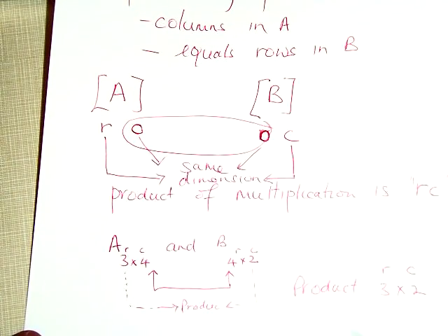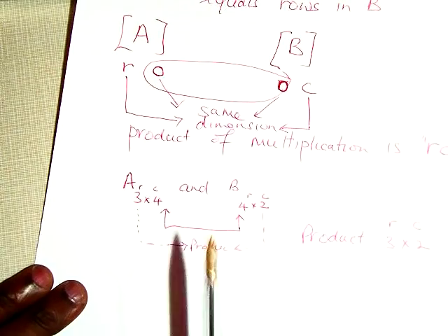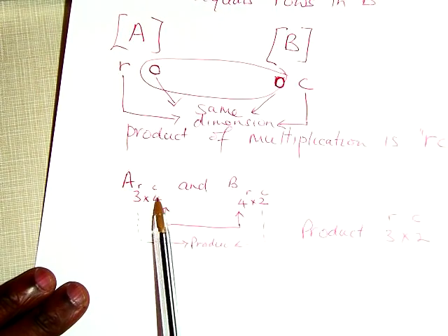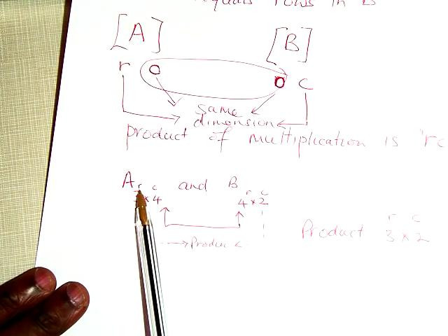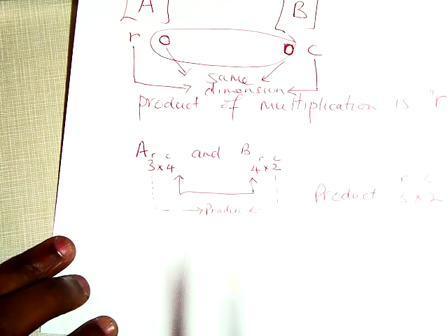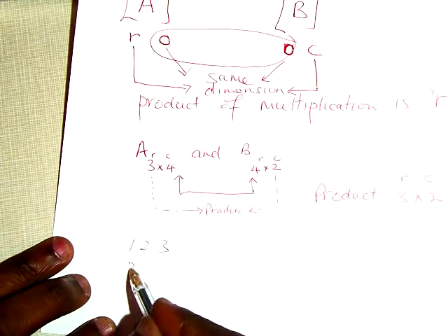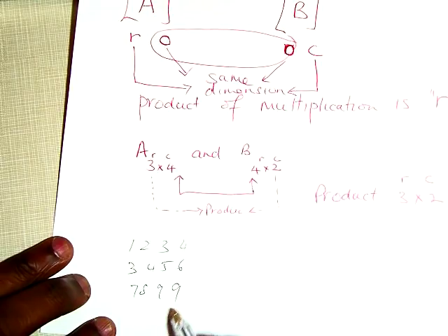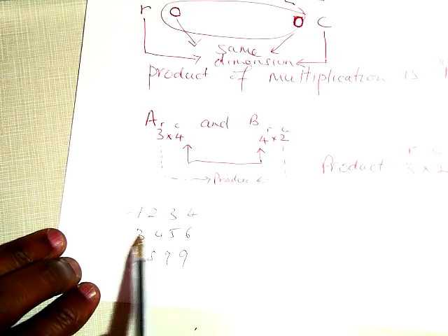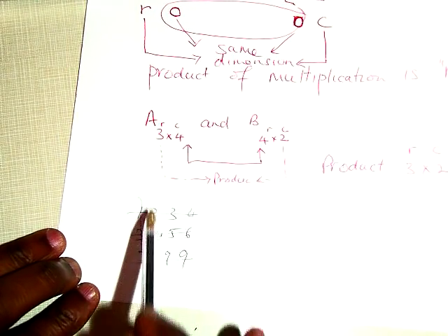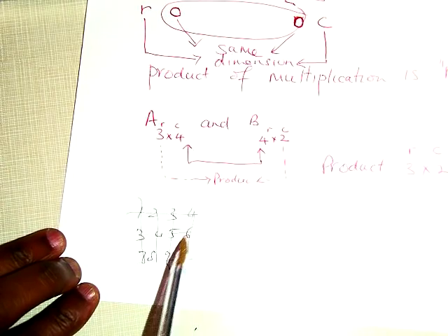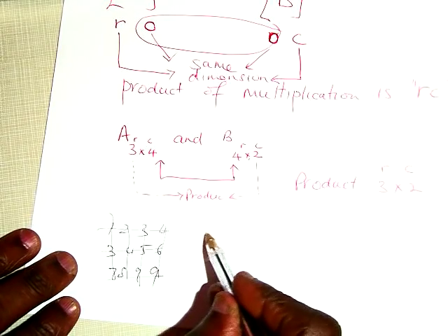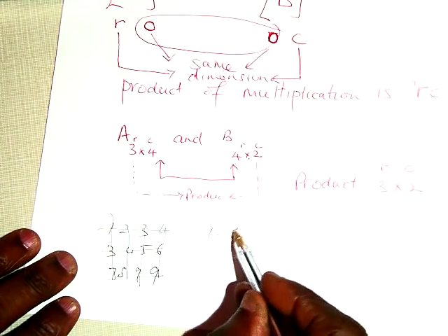Here's an actual example. If I have a matrix A that is a 3 by 4, in other words, it's 3 rows by 4 columns, and that would look something like that. This matrix has 3 rows and 4 columns. I can multiply that by another matrix that has 4 rows and 2 columns.